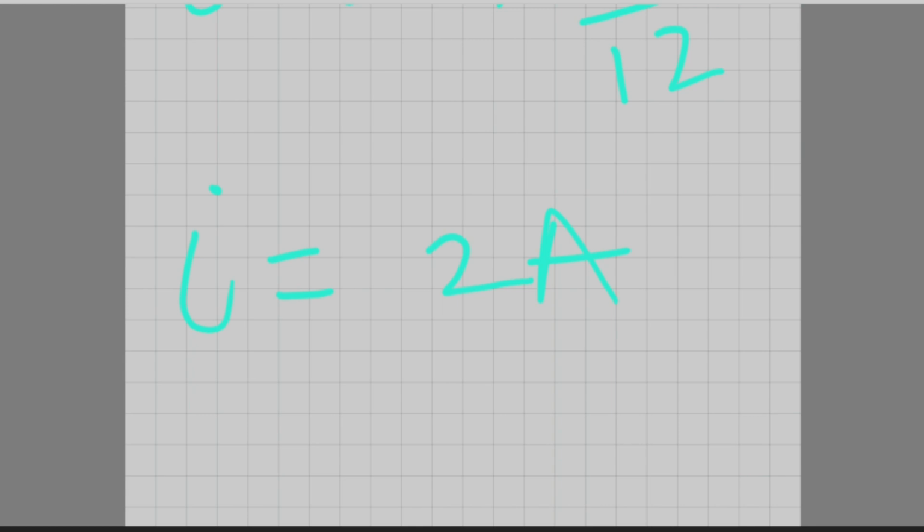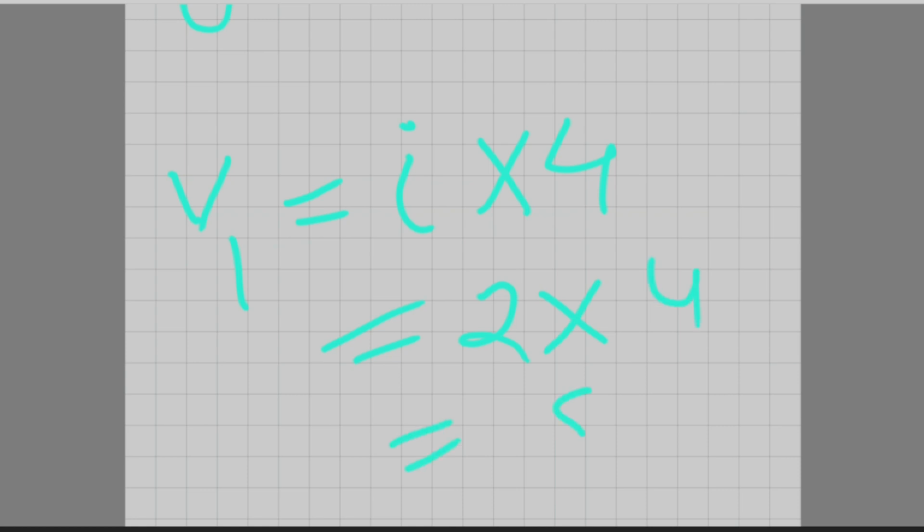Our aim was to find the voltage. Here the voltage V1 will be I into 4. Therefore, we have found 2 into 4, that is 8 volt.